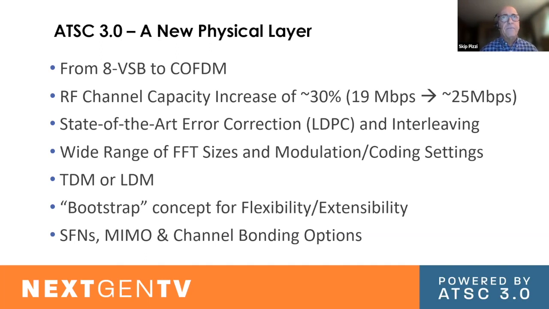And that wide range of FFT sizes and mod cod settings is how we get that variability in trade-off of robustness versus capacity. We can use TDM, a typical approach, which is what's used today in 1.0 for multicasting, but you can also use this new layer division multiplexing. Show you that in a second as well. It's a clever new system that is potentially very useful.